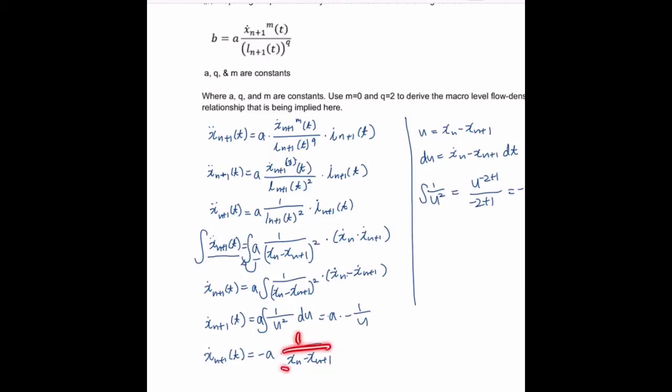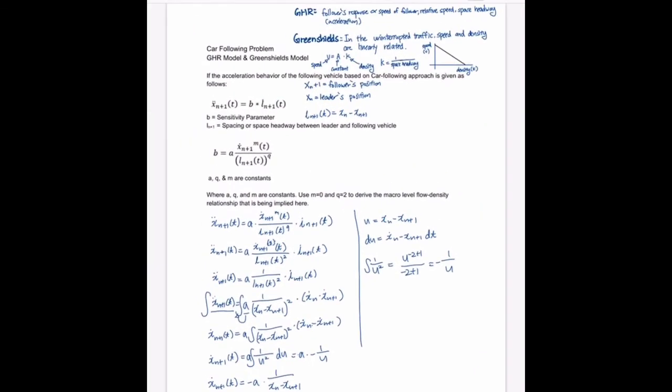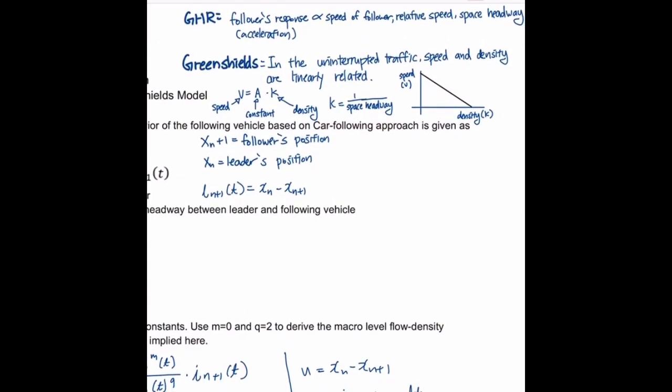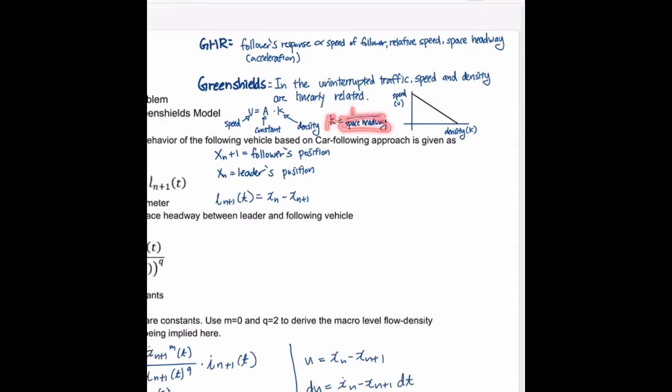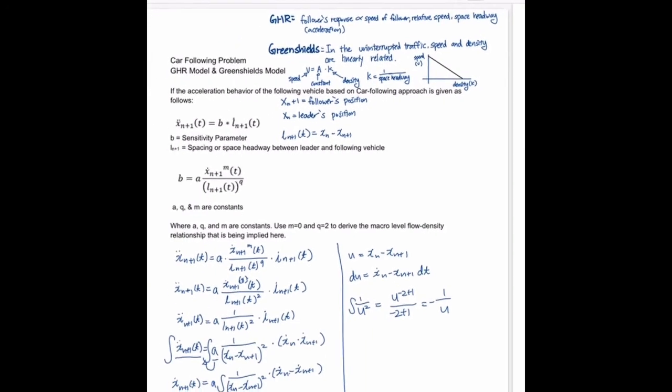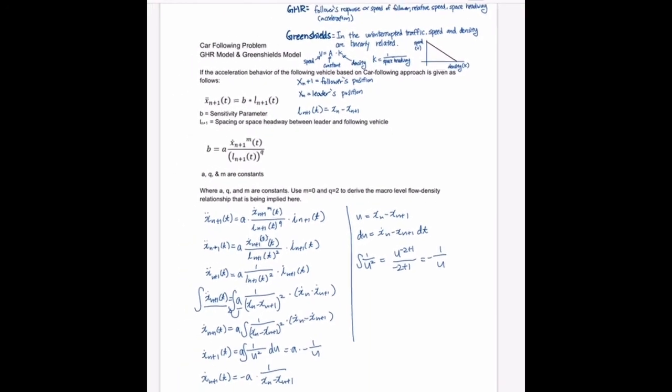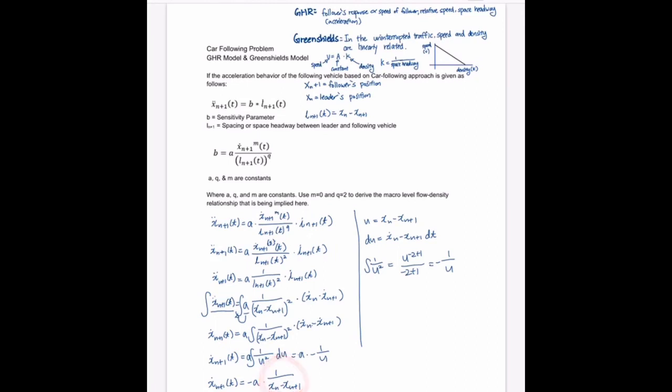So 1 over space headway, like I explained earlier, is equal to the density from the Greenfield model, which is k equals 1 over space headway, or 1 over xn minus xn plus 1.